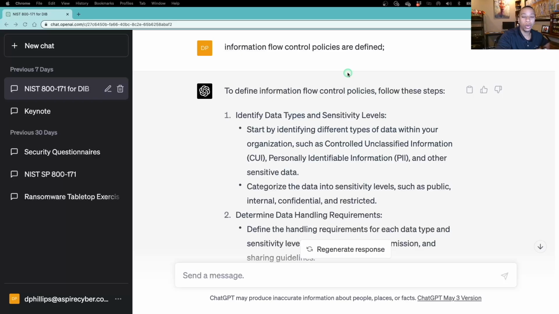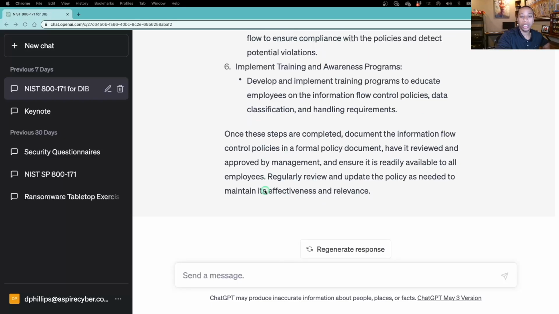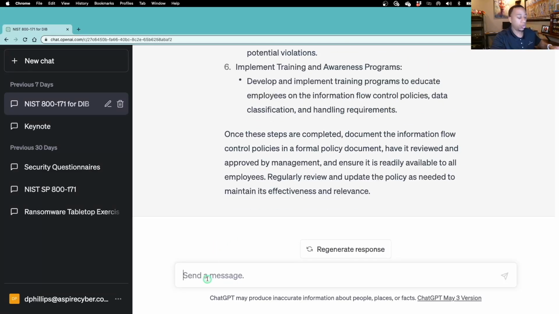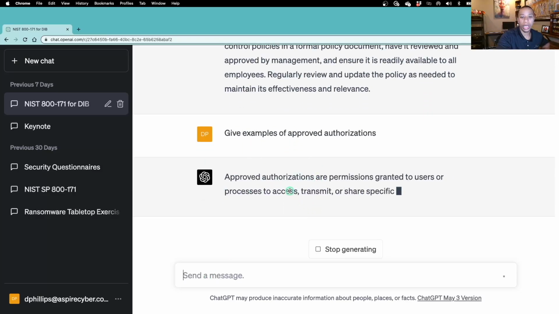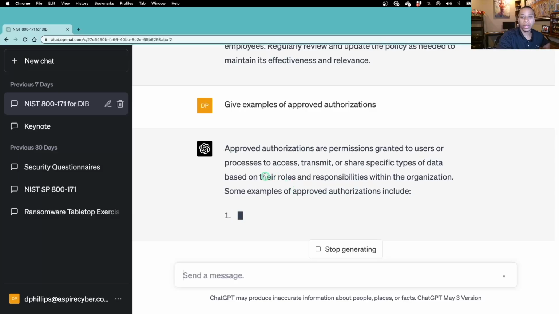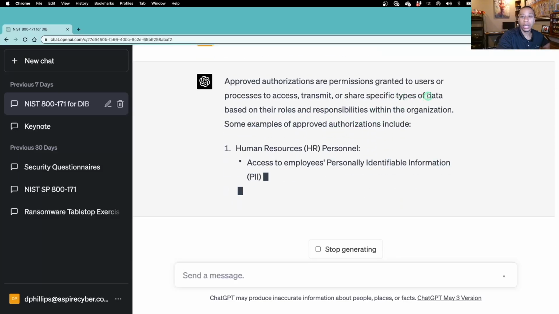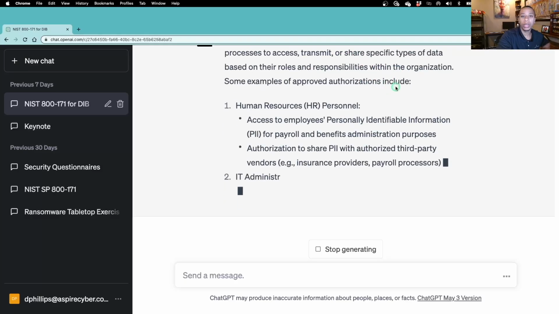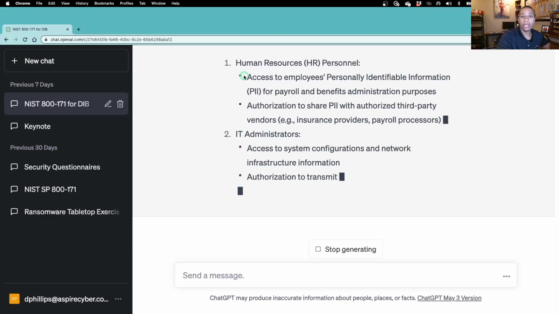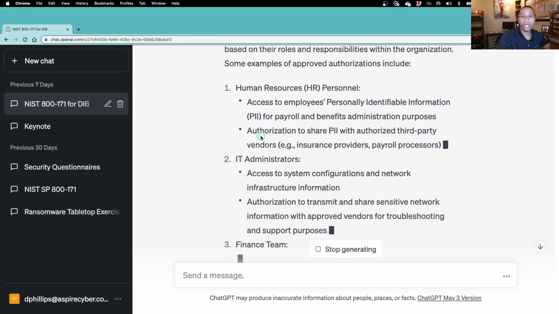3.1.3 says control the flow of CUI with approved authorizations. So let's get some examples of what we are referring to in regards to approved authorizations. Again, it's users being able to process, access, transmit, or share specific types of data. This goes more into RBAC, role-based access control.